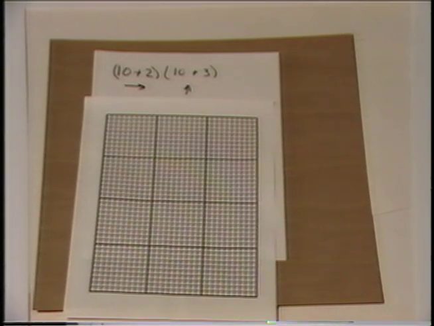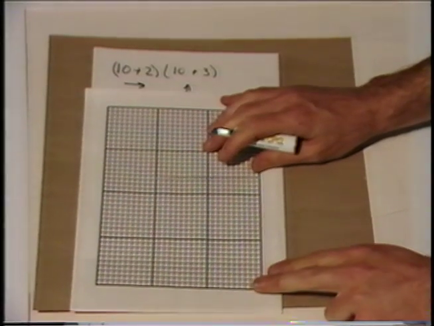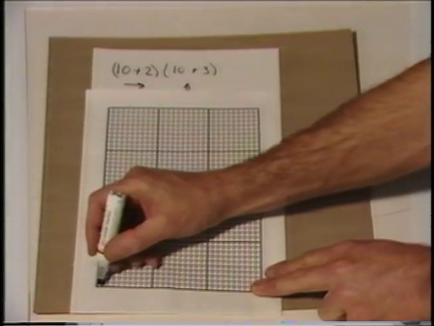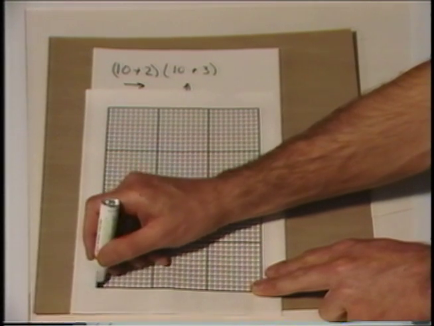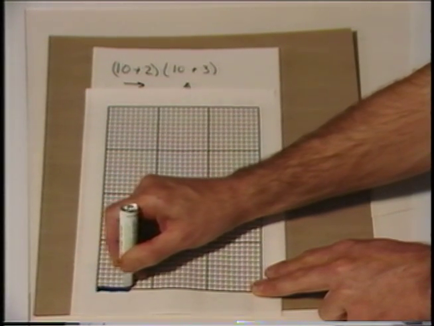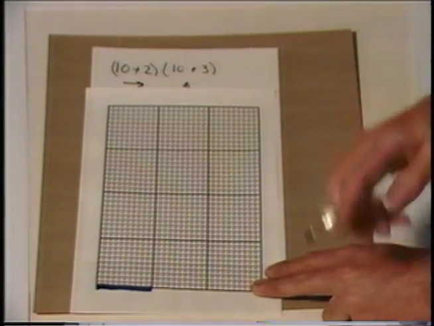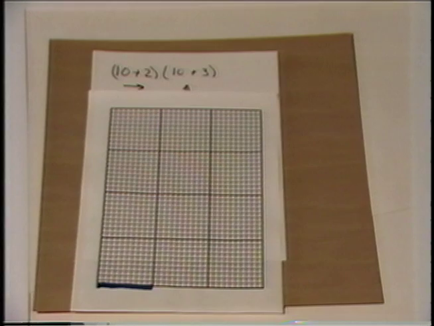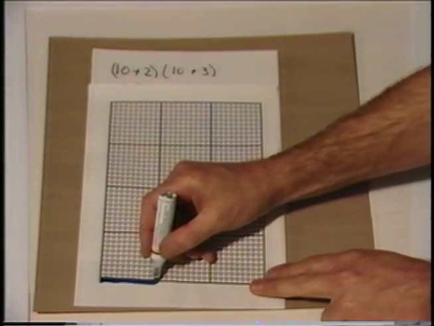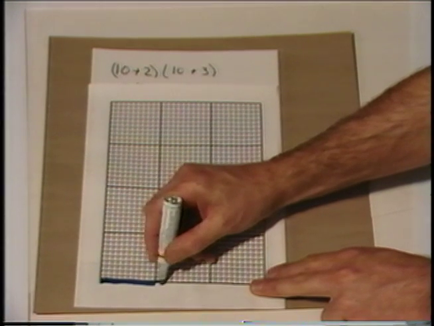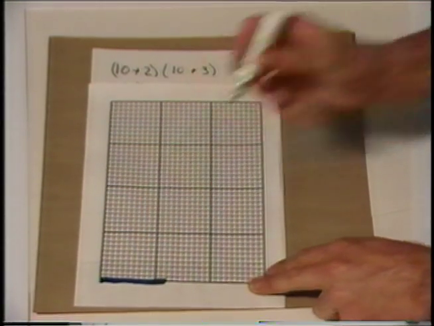What is the color that we use for a 10? We've been using blue. So as an exercise, the student can trace over 1 bar, must go over 1 bar, plus we must go over 2 units.